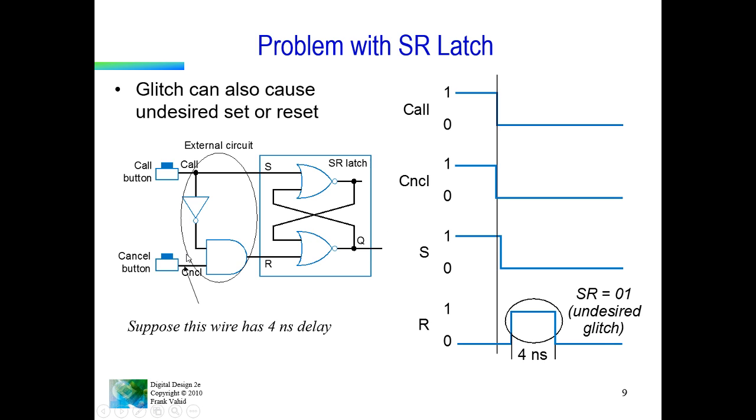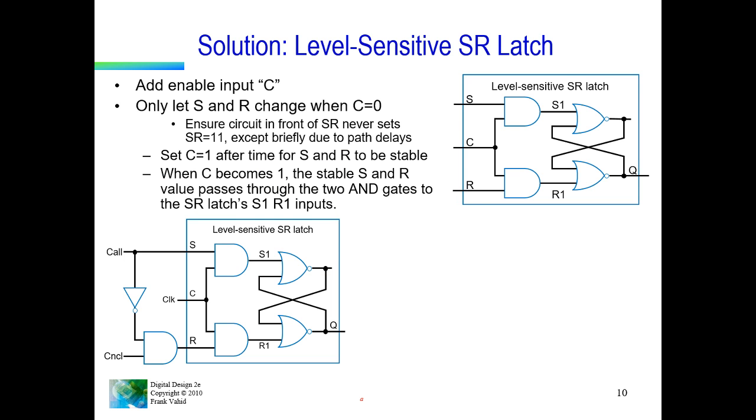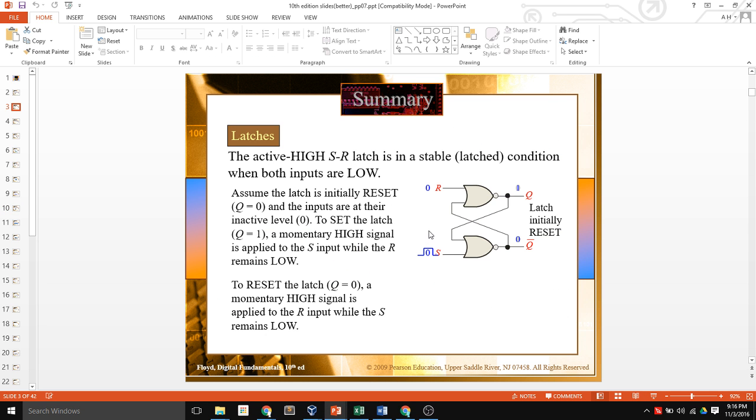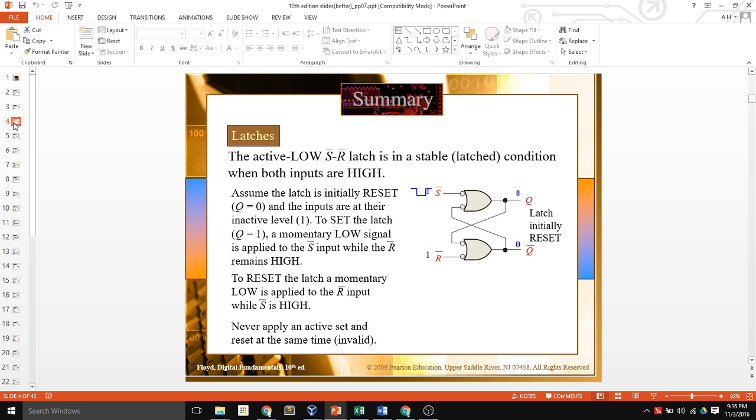Now, if I want to cancel it, I push the cancel button, so that gives me a 1 here, and I make sure the call button is not pushed, so that gives me a 0 here, which is inverted to a 1. So the input to this AND gate is 1, 1, and the output is then 1. And so that will turn my Q off. It will make it a 0. So those are the key points with an SR latch.